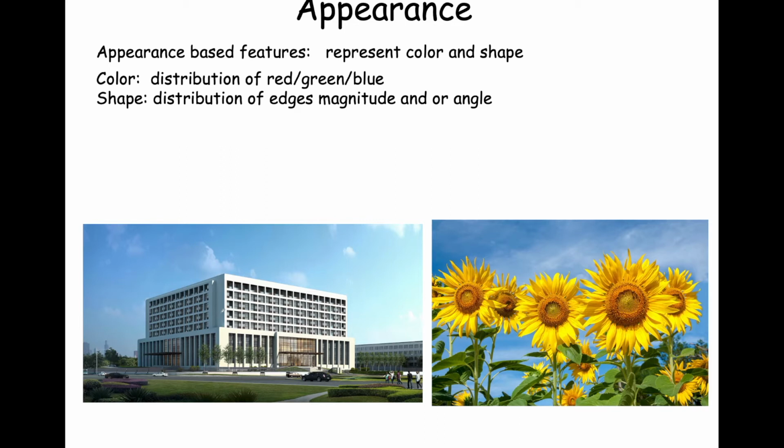If we look at the shape or the edges for the building, well, we see a lot of edges that are up and down, that are 90 degrees, and a lot of edges that are left and right, that are 180 degrees. And so human-engineered objects, buildings and houses, they tend to have a lot of straight edges.